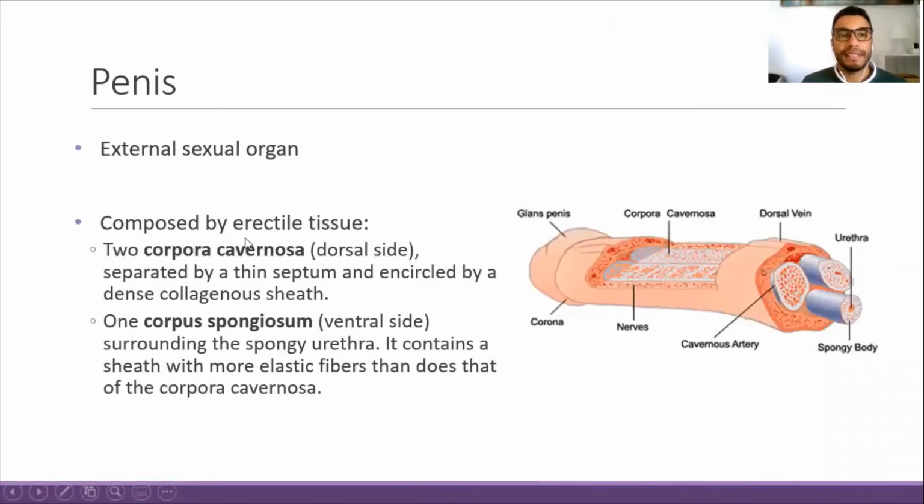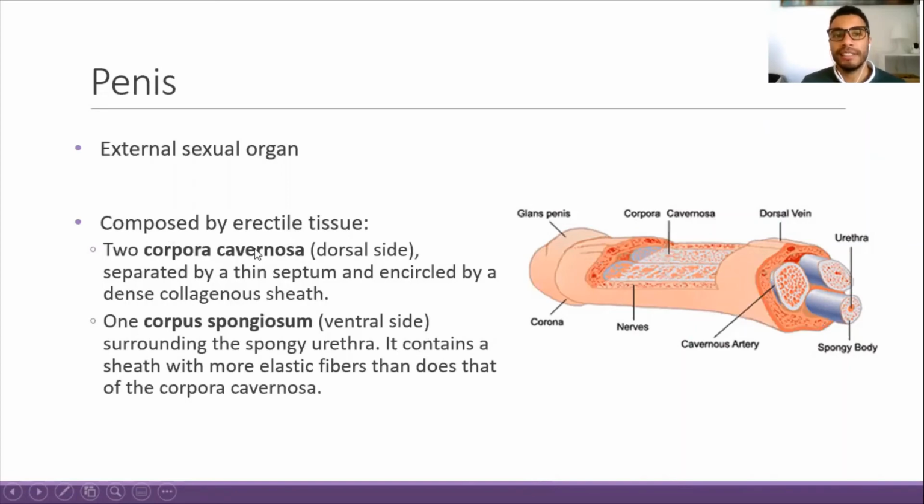The penis is the external sexual organ. So this is a tubular organ that is mainly composed of erectile tissue. Basically there are two corpora cavernosa, okay, so in plural.